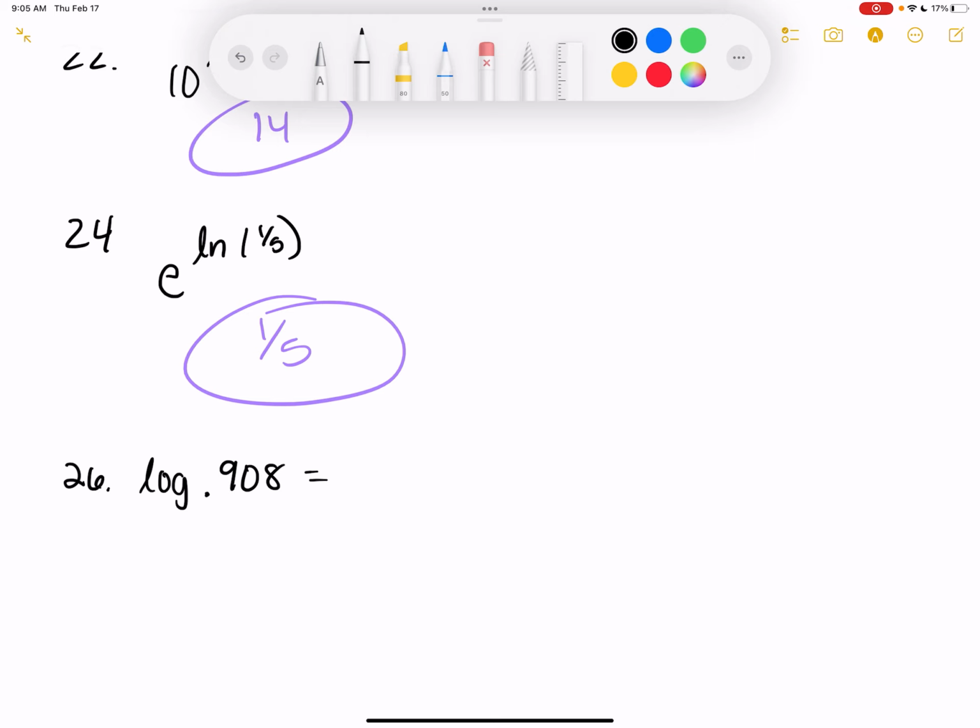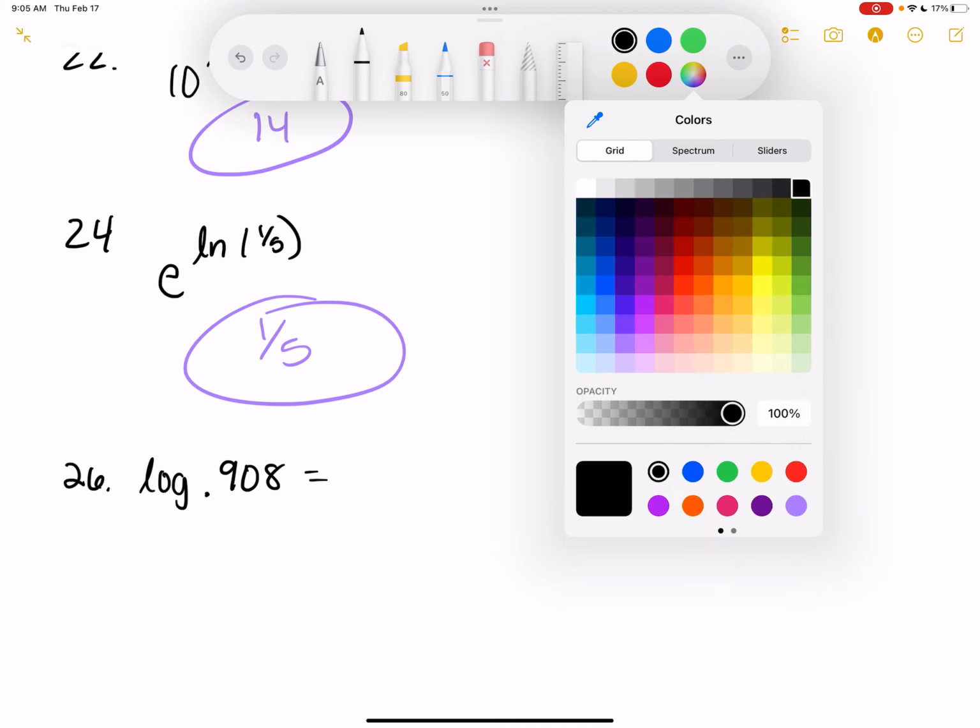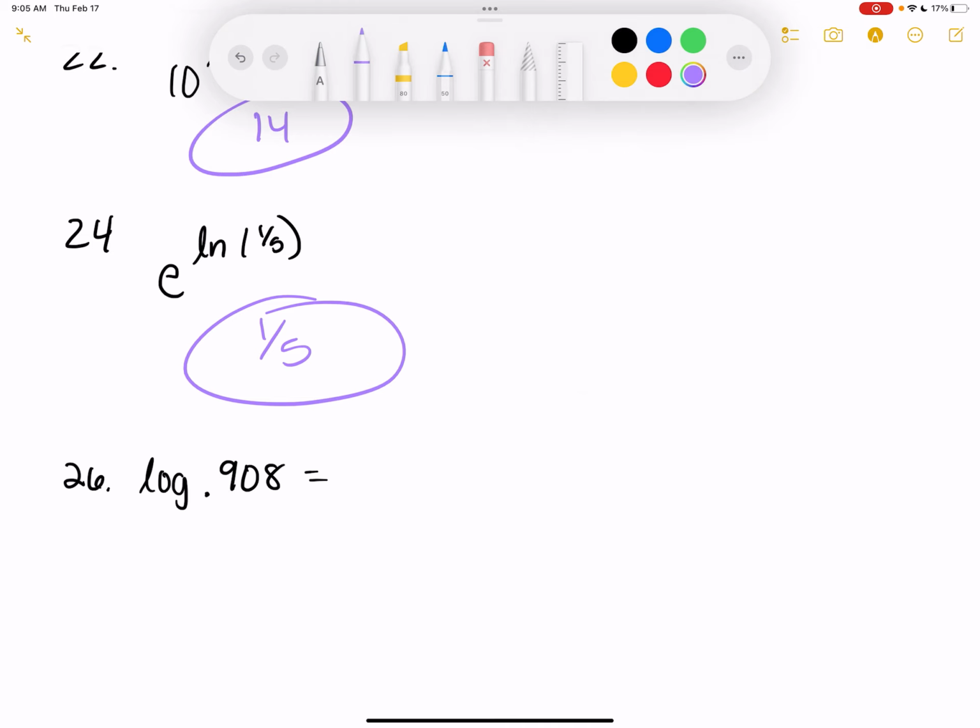So this one is just the log button on your calculator. I'm trying to look for the log. I didn't even turn it on. Negative 0.042.